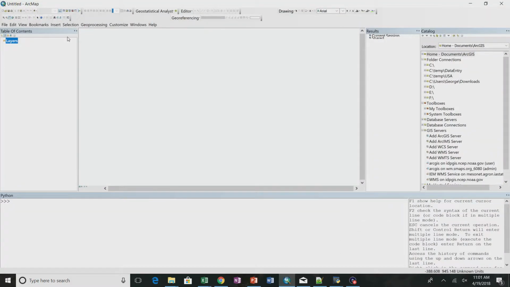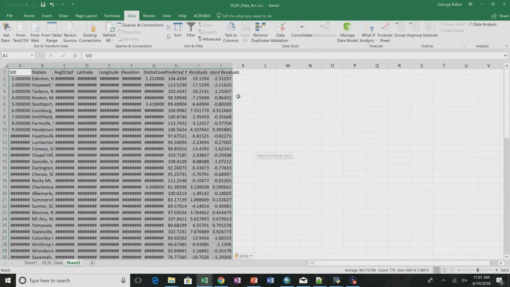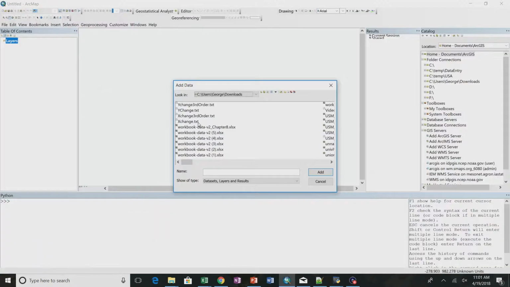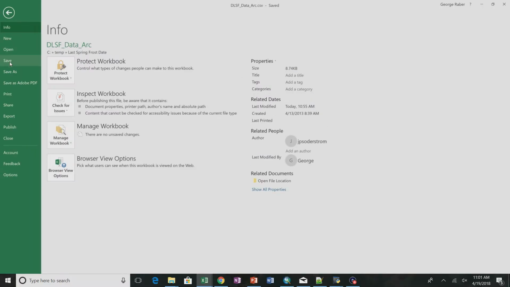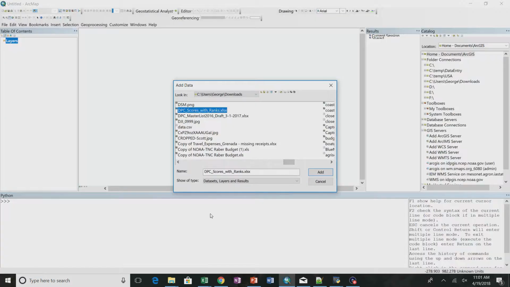Okay, so I've got ArcGIS open. I'm going to add in this CSV file. I don't even know where I saved it. Probably in downloads. And I called it DL. Well, I guess I didn't save it there. File, Save As, CTemp.